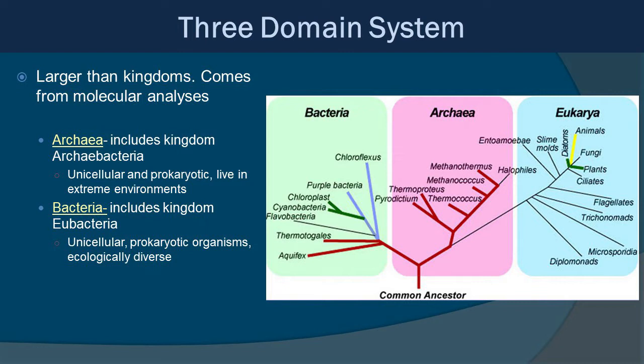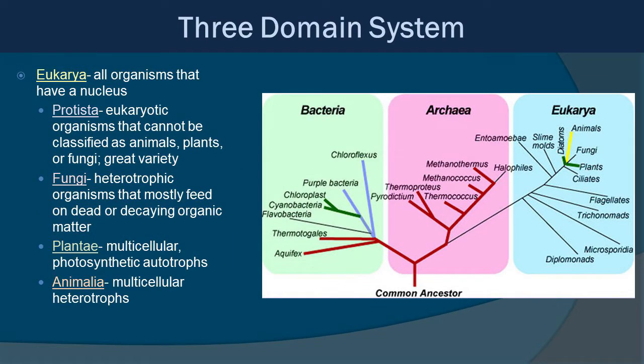This would be your unicellular, prokaryotic organisms, and they are very ecologically diverse. Now, the next domain would be eukarya, and that's all organisms that have a nucleus. This includes Protista, fungi, plantae, and animal. So all 4 of those kingdoms are under the eukarya domain.